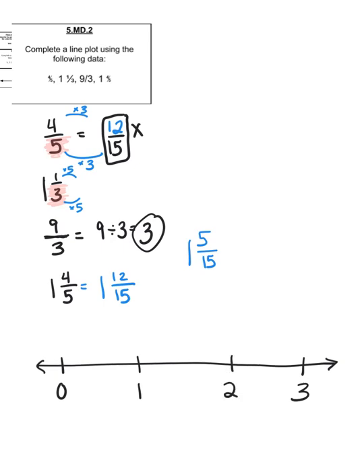So 12/15, what this is saying is that we're taking the space in between 0 and 1 and dividing it into 15 equal pieces. So here's 3 equal pieces: 1, 2, 3. If I cut each of these 3 equal pieces into 5, I'll end up with 15 altogether.